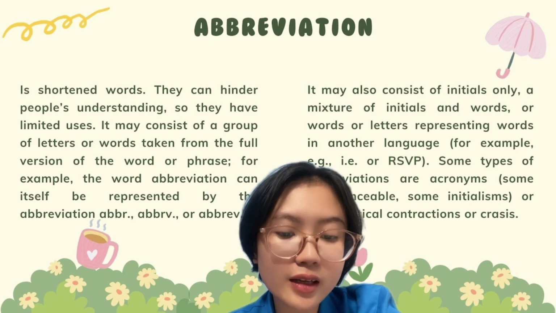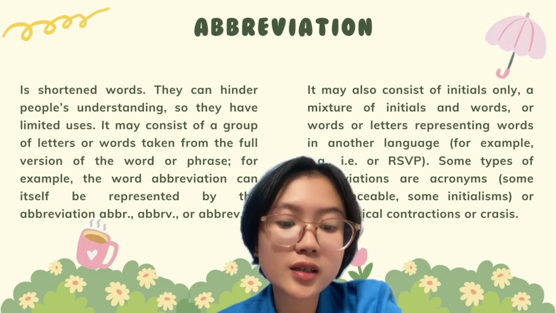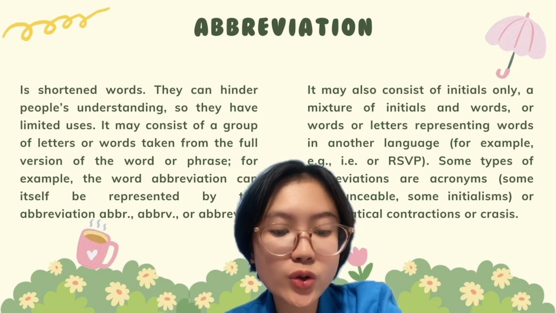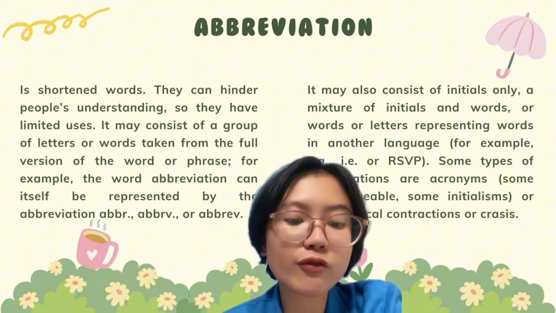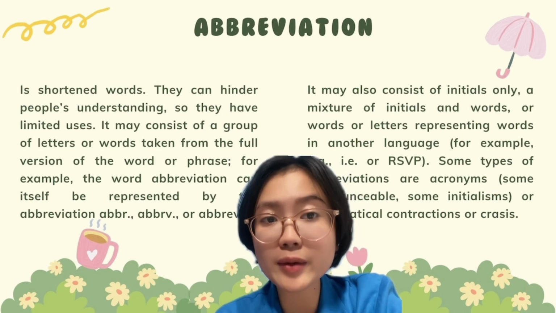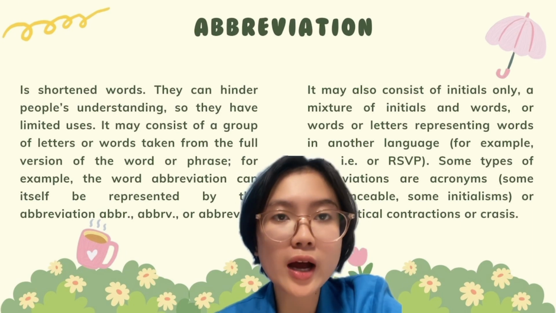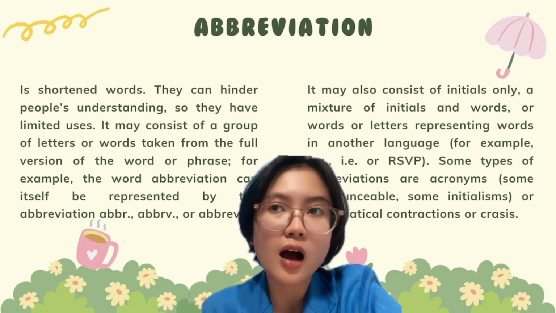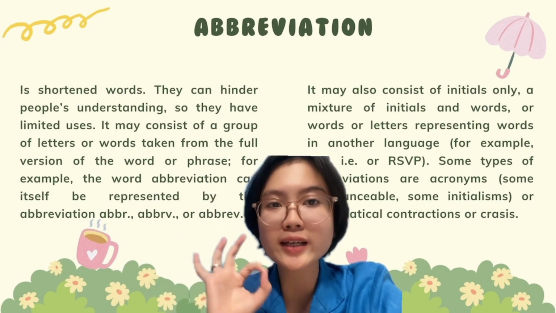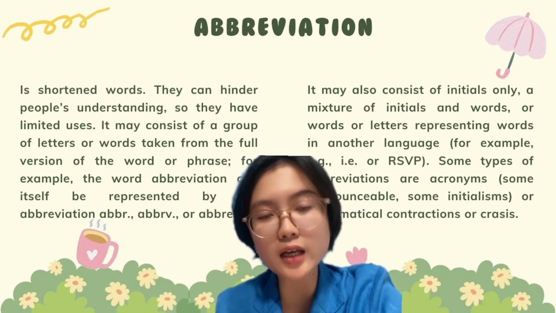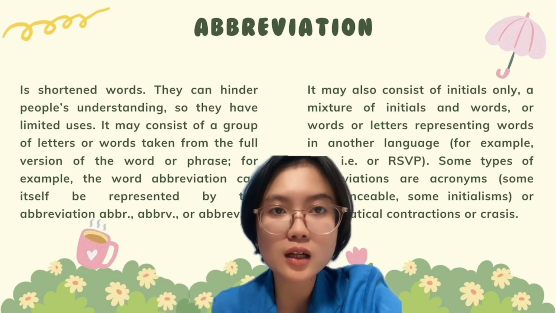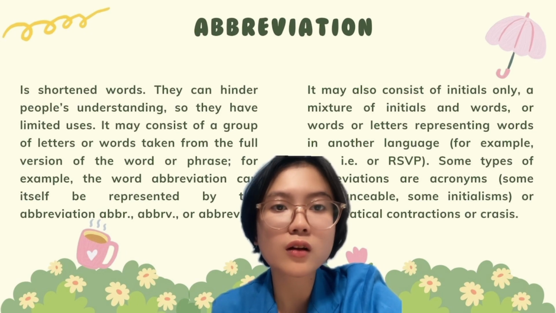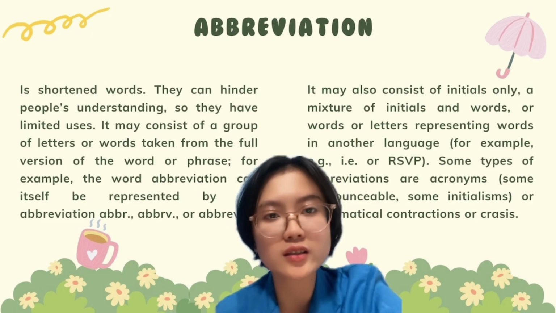More recently, Twitter, a popular social networking service, began driving abbreviation use with 140 character message limits. So this is why it's very common to use abbreviation these days. We all know about OK, RSVP, IG, and so on. So it's really common to use abbreviations in our languages.